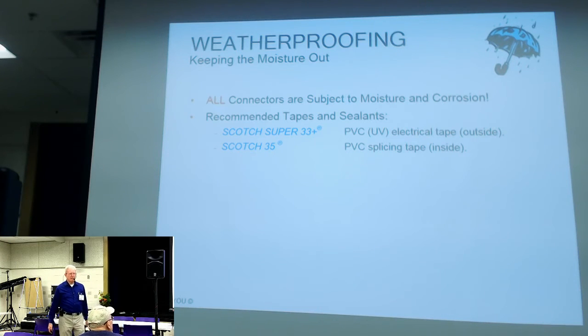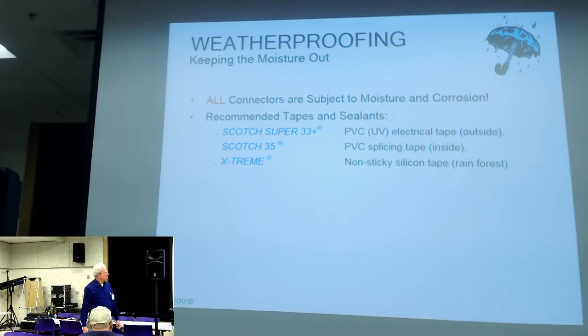I've used that inside humid attics, let's say. Extreme, I used to buy that at a marine store in Woodbridge. This is self-amalgamating silicone, which is about 15 bucks a roll. I carry a roll of this in my glove compartment so I can repair my radiator hose if it goes.